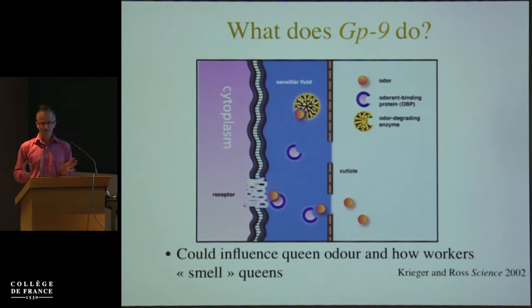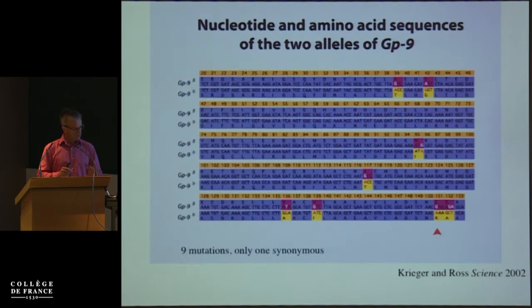Interestingly, there are 9 mutations between the big B and the small b allele, and 8 are non-synonymous, indicating strong directional selection acting on this gene. So this gene could be directly involved, possibly in odor differences between queens, and maybe in differential perception by workers of the two types of queens.